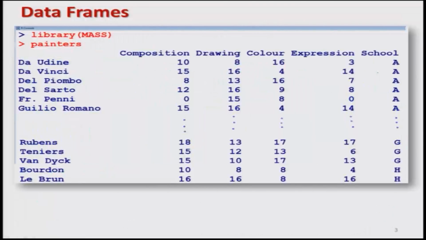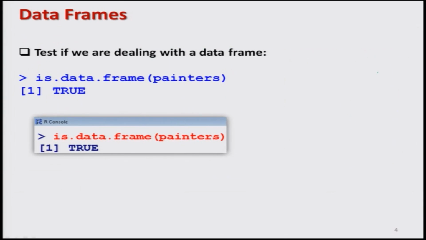So now we continue. That was the data set that we had used last time. Whenever you get a data set, you need to check whether it is really a data frame or something else, such as a matrix.